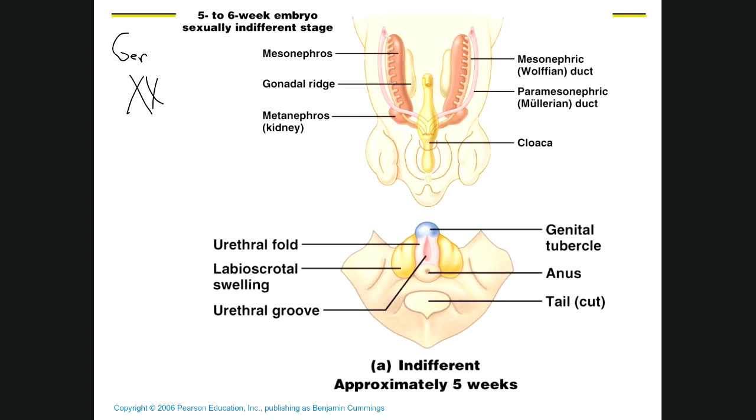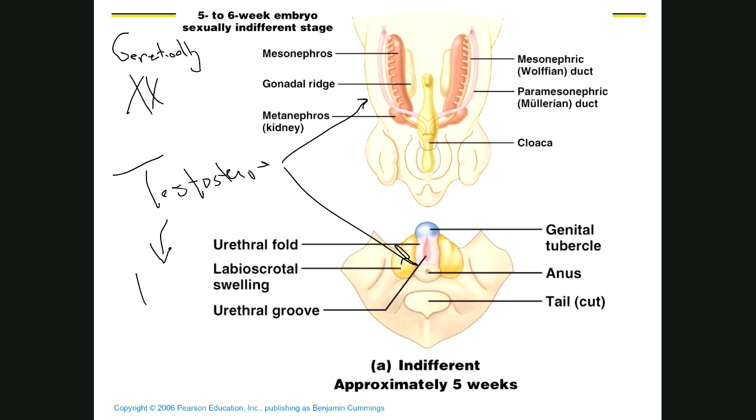But what if I took this XX, this genetic female, and I gave it some testosterone? What do you think would happen to it? What would happen to this? And what would happen to this? What would happen is, even though it's genetically female, it would look male.